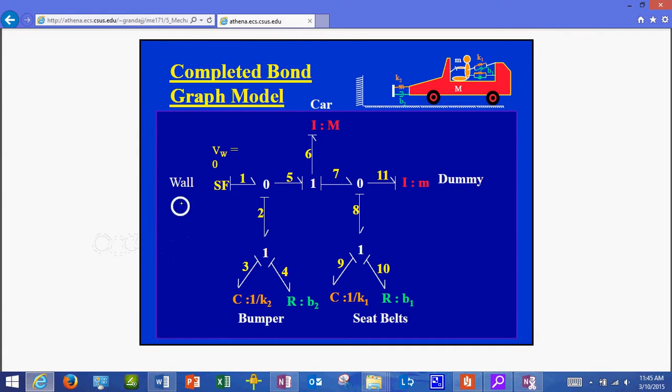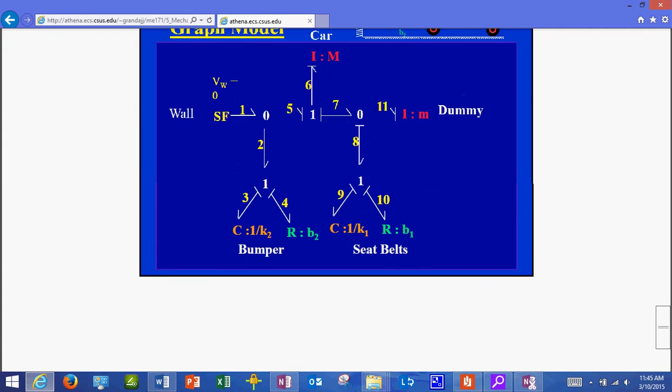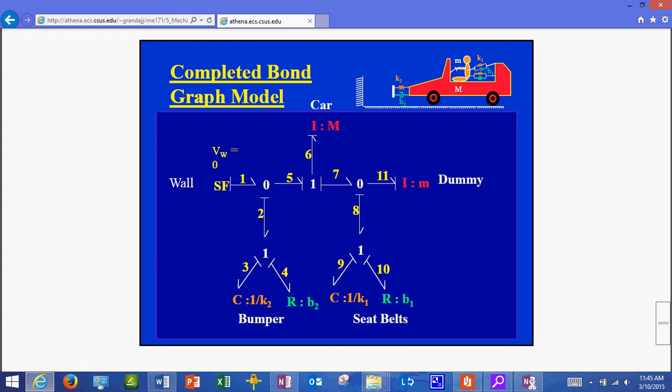There's the label still. There's the wall in here, there's the bumper over here, there's the seat belts, and there's the dummy. And so with this, we should be able to enter it into CAMG to do the computer simulation, and that we will analyze in next lecture. So, okay, I'm going to go over here.